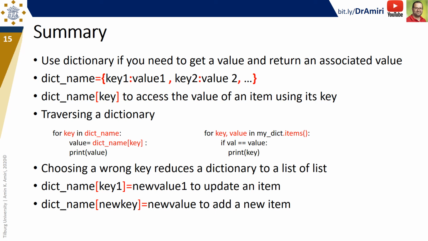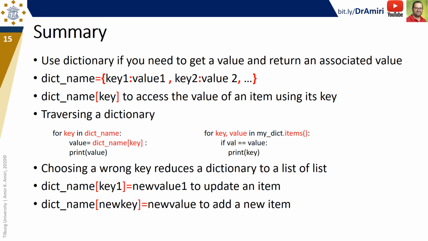You can traverse a dictionary using a simple for key in dictionary name, or you can have a fast traversing of a dictionary by using for key, value in the name of the dictionary dot items.